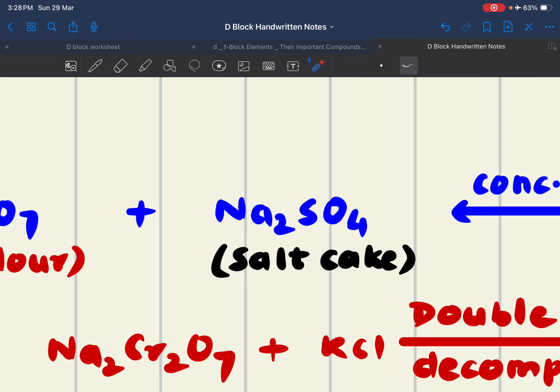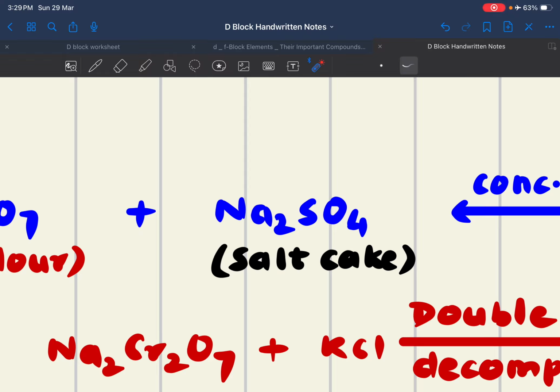That's the reason this characteristic is very useful for us for the separation. So we maintain a suitable temperature, let's say 150, 160, whatever it is, so that the whole Na2SO4 becomes insoluble, and it is separated out by crystallization.